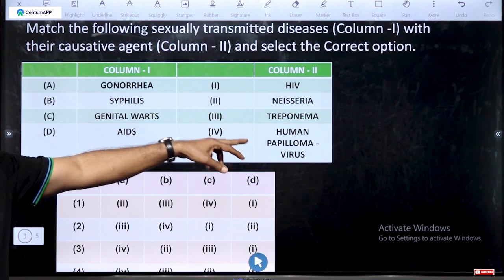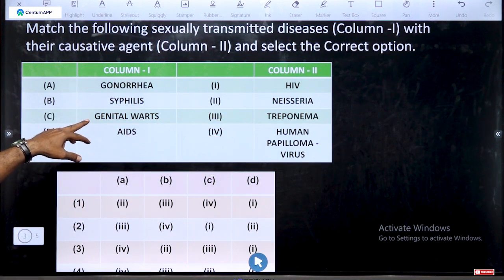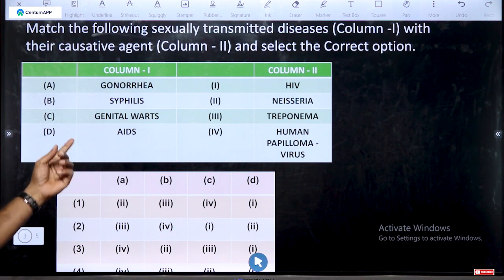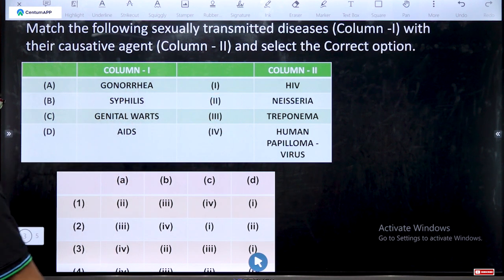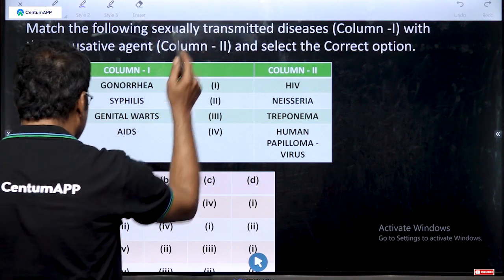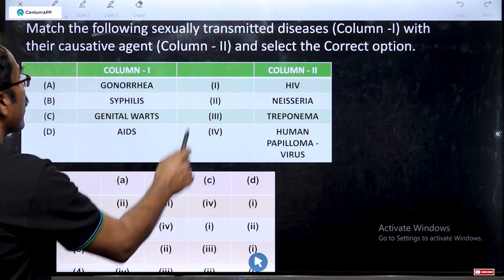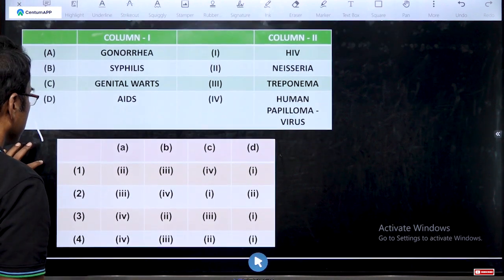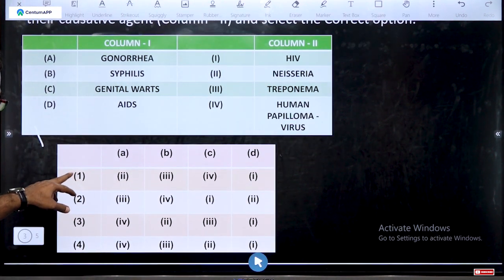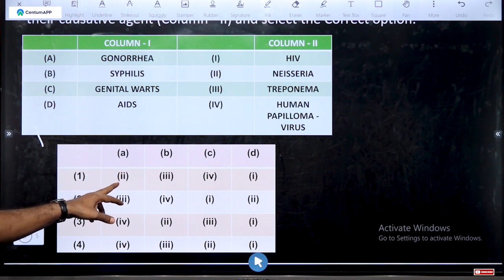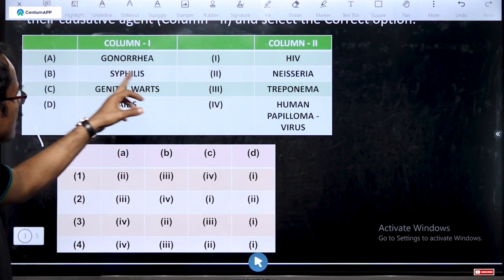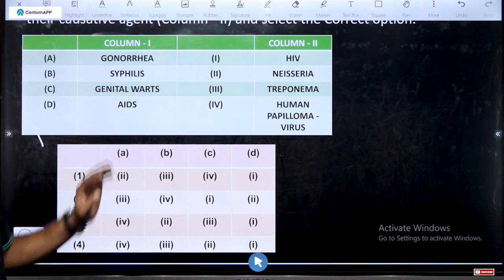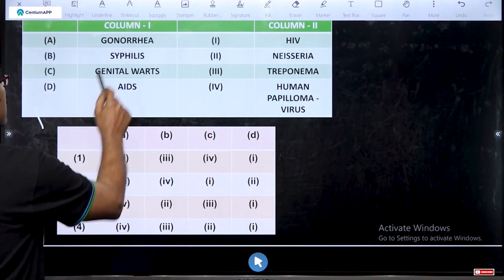Syphilis is caused by Treponema pallidum. Genital warts are caused by human papilloma virus and AIDS is caused by HIV. So, the options are like this: option 1 is A2, B3, C4 and D1. So, option 1 is the right answer.